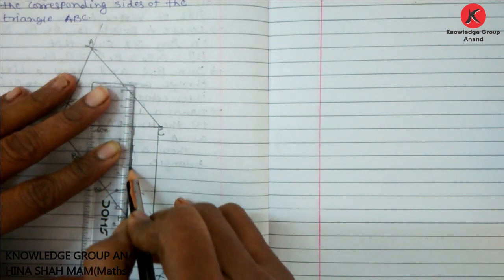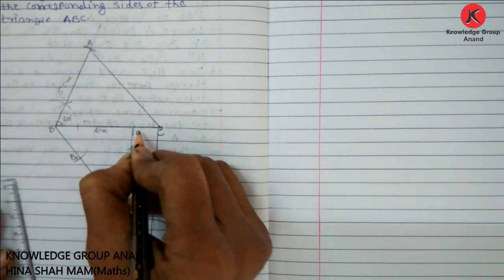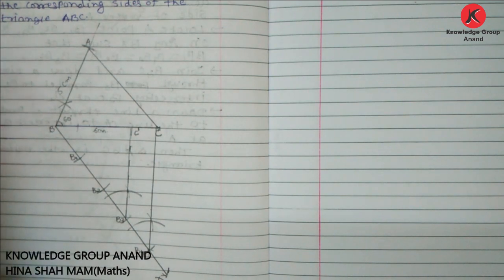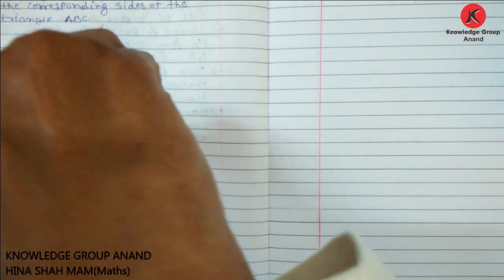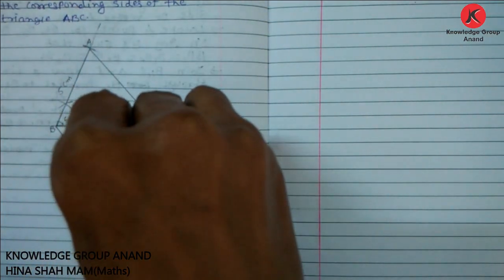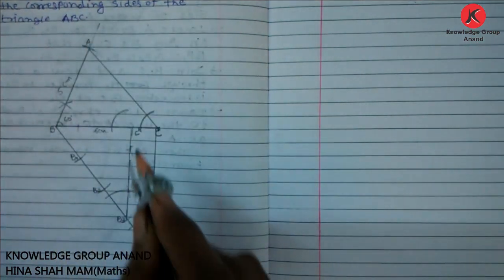Now it intersects BC at C dash. Same. Now parallel to AC from C dash. Parallel to AC through C dash.